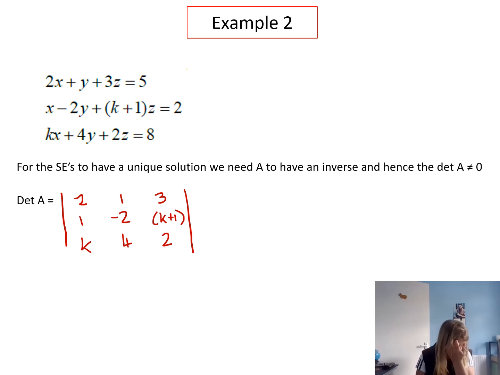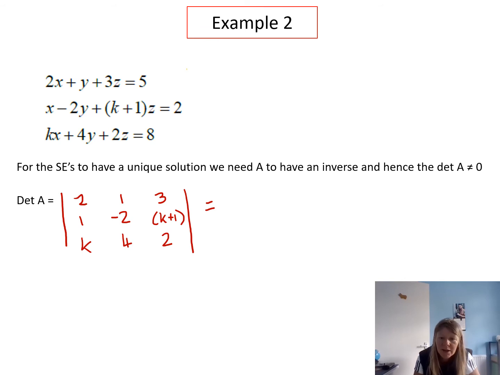If you wanted to do the determinant of that on your calculator, you'd be sadly upset because it won't like K plus 1 and it won't like a K there. So you could expand it all and have lots of fun, or you can do a bit of factorising to try and make that matrix something easier to find the determinant of.